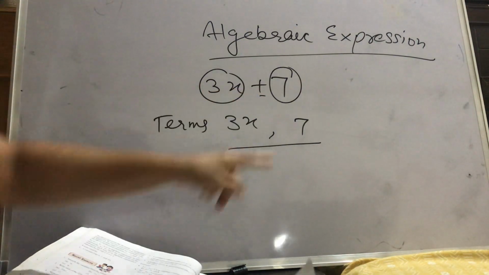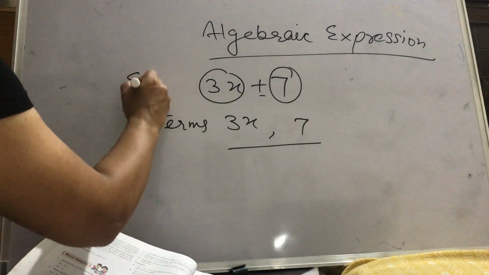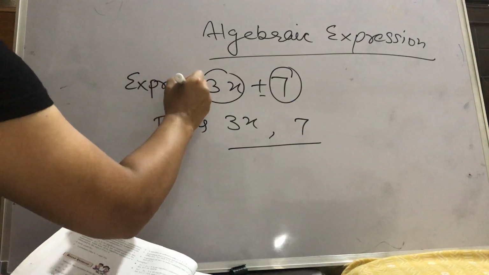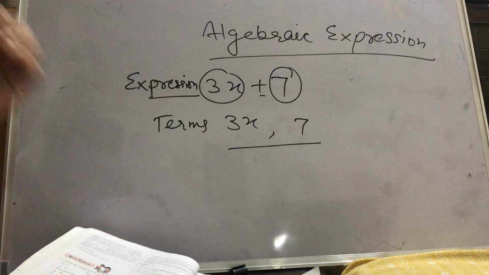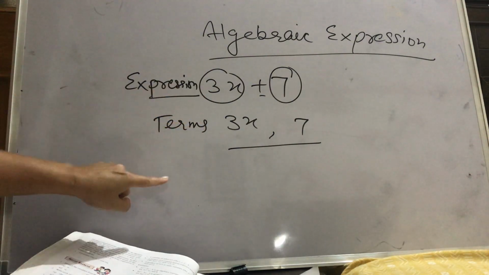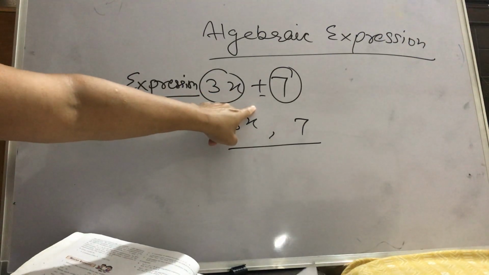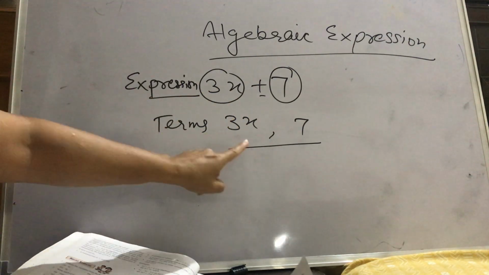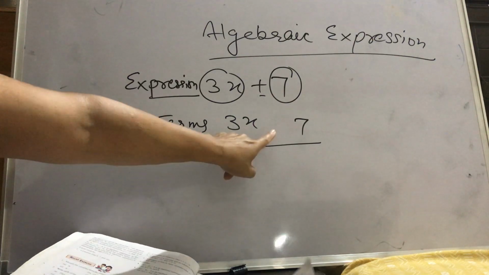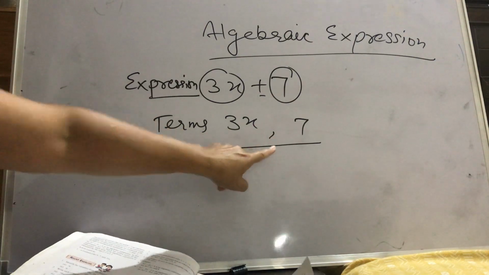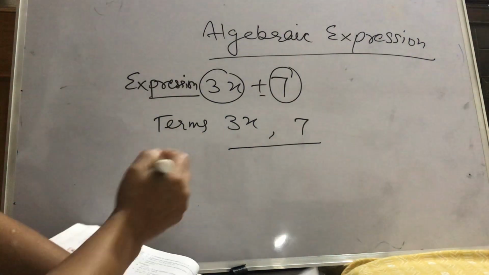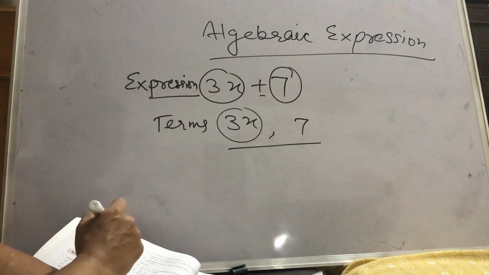But with the sign of plus, it will be called an expression. Understand the difference between these two. This is called an expression with the sign of plus or minus, and these are called terms when I have put a comma between them.